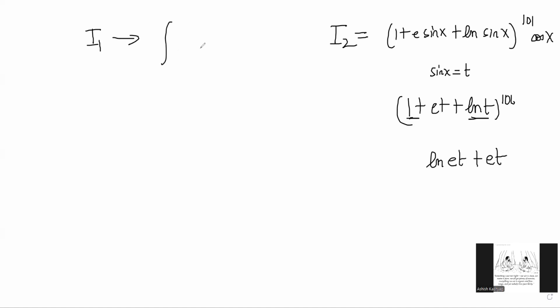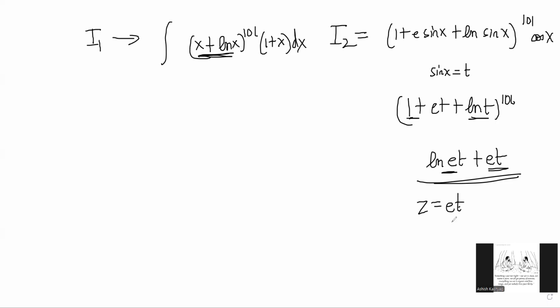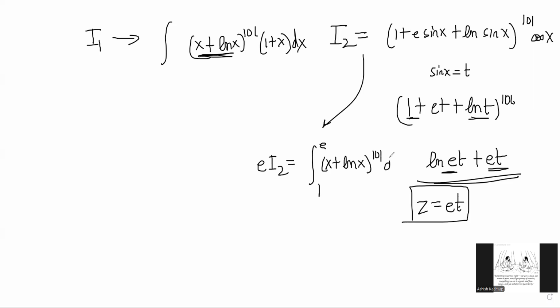And here you had (x plus ln x) to the power 101 into (1 plus x) dx. So this looks to be in the same form as this. And again, I took a change of variable z as et. After two changes of variable, I got here e times I2. The limits also converted nicely and it became 1 to e of (x plus ln x) to the power 101.